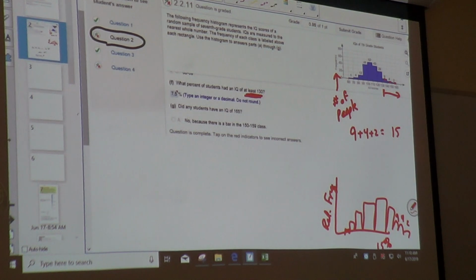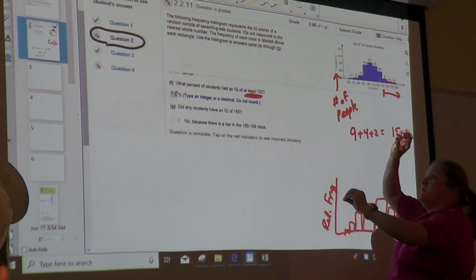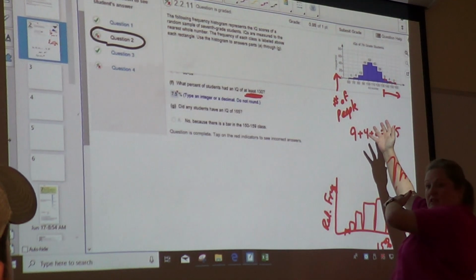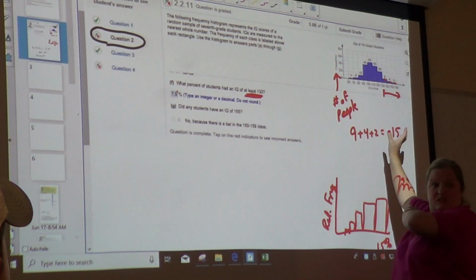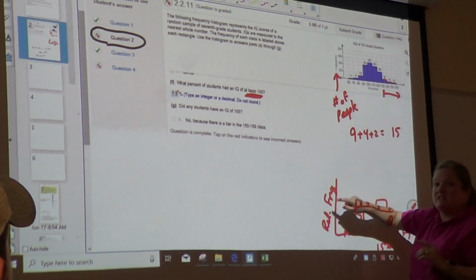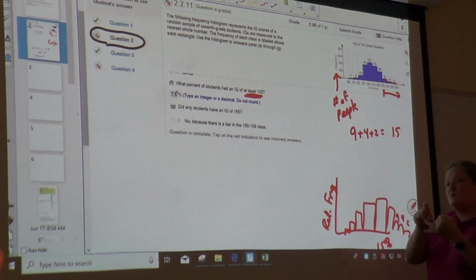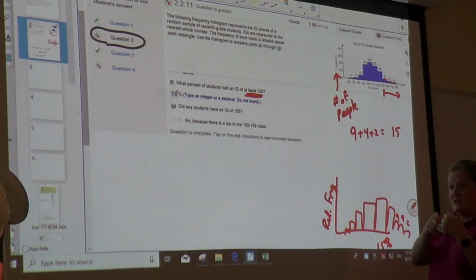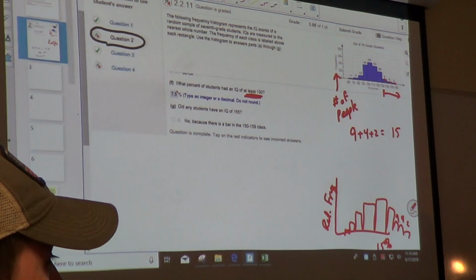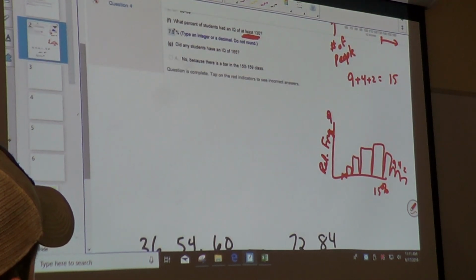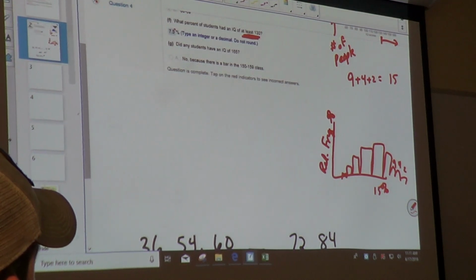Because relative frequency, remember when we had blue, red, and green, and we did 9, 5, and 2 as our frequency, then we turned it into relative frequency, which was decimals, fractions, and percentages. So relative frequency means percent. It could be written as a decimal, it could be written as a percentage, it could be written as whatever. So if it says relative frequency, that means it can be a percentage.